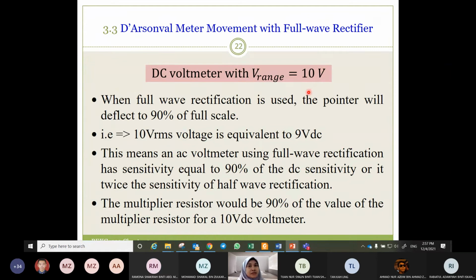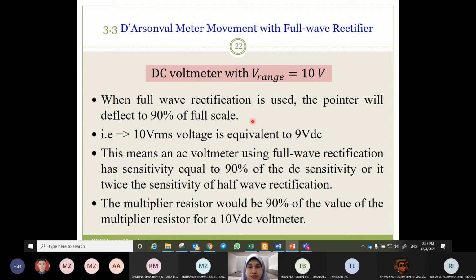So let's say a DC voltmeter with a PMMC, with a voltage range equal to 10 volts. This is an example. Imagine that this is a DC voltmeter whose full-scale range is 10 volts. When full-wave rectification is used, the pointer will deflect to 90% of full scale.